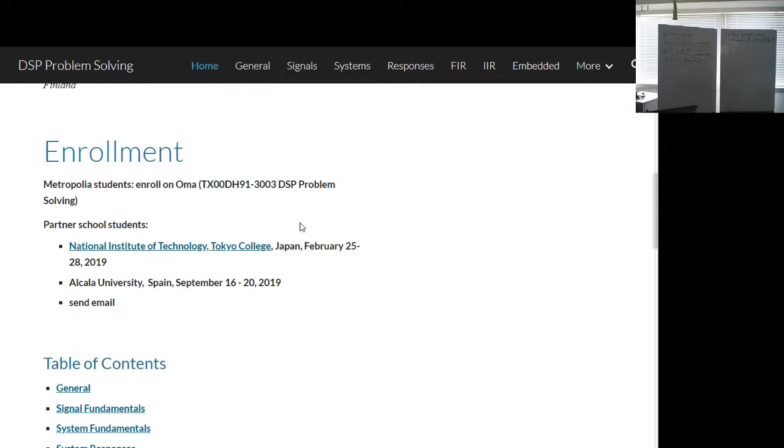Okay, so I will just show you how they look. So this is the nice version. See, it has the Metropolia logo here, there, my signature stamp, and then also the Tokyo Kosen logo here. And the other one is the official version, which looks like this. Okay, I know.